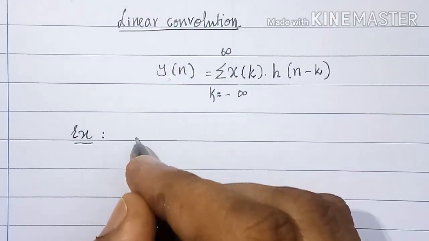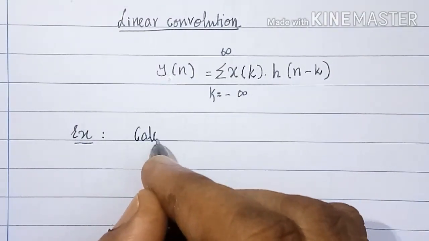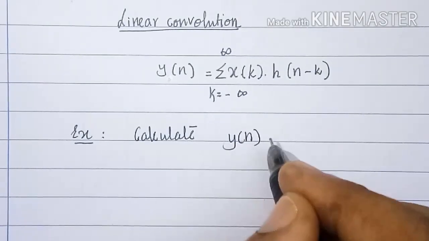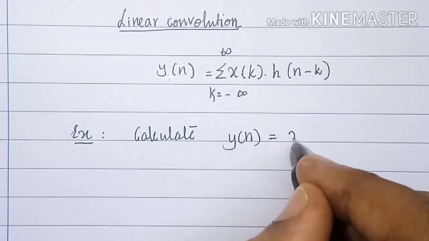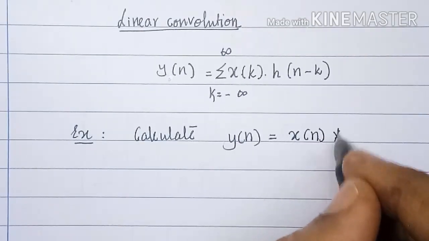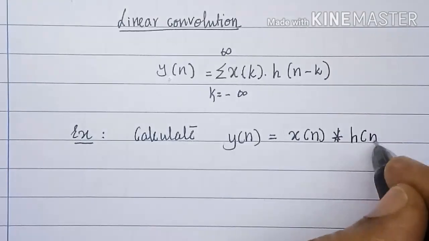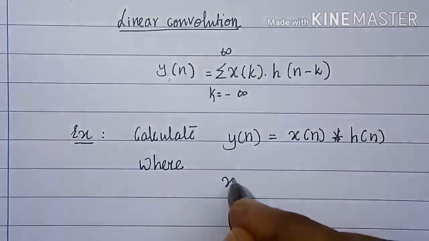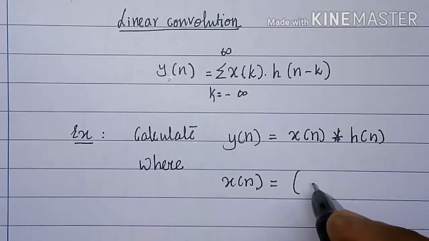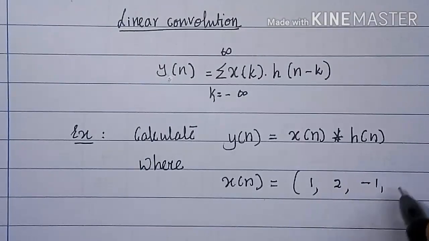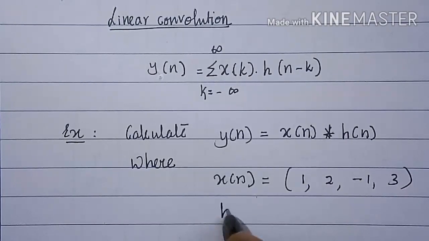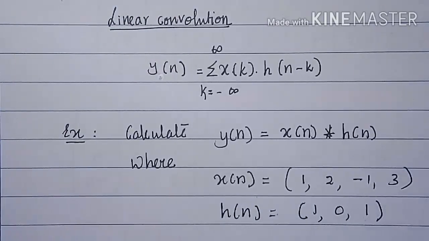Example. Calculate y of n equal to x of n convolved with h of n, where x of n is equal to 1, 2, minus 1, 3, and h of n is equal to 1, 0, 1.